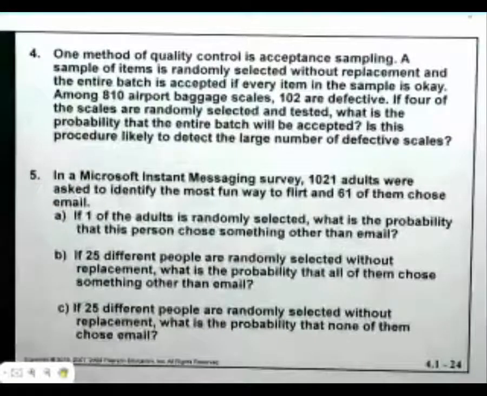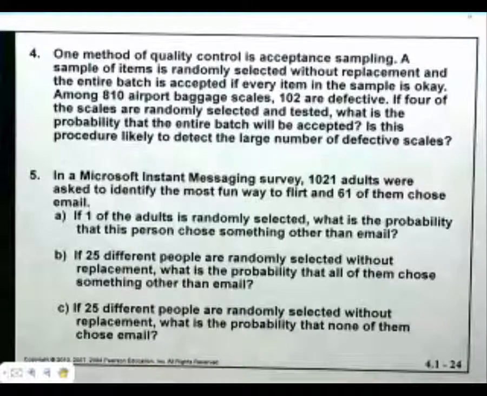Now, here we're talking about airport baggage scales. We know that out of 810, 102 are defective. We want to find the probability that if we reach in, grab 4 of those scales, we're going to accept the whole batch.